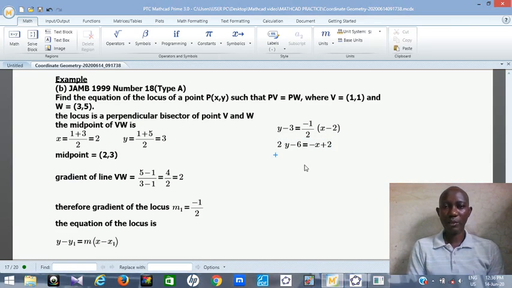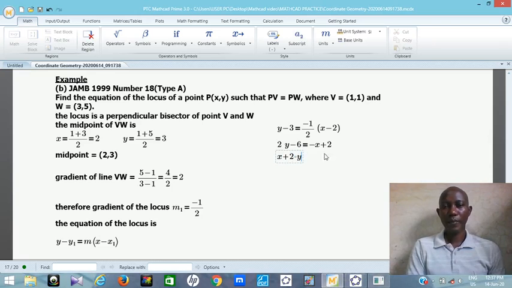Then our final answer, when you represent it in general form, let's bring x to this side. We are going to have x, negative becomes positive, plus 2y, then plus 2 becomes minus on the other side, which is minus 6 minus 2 equals to 0.